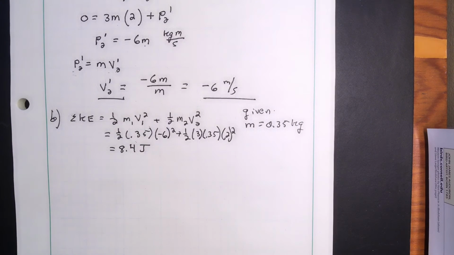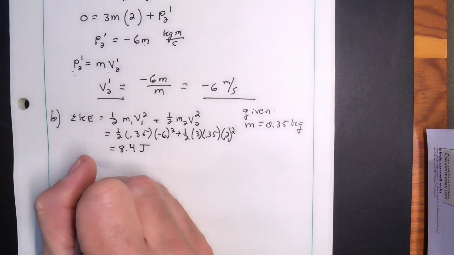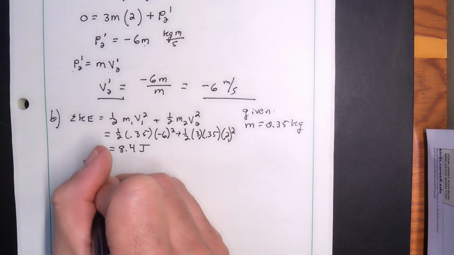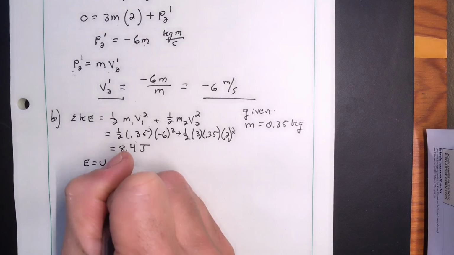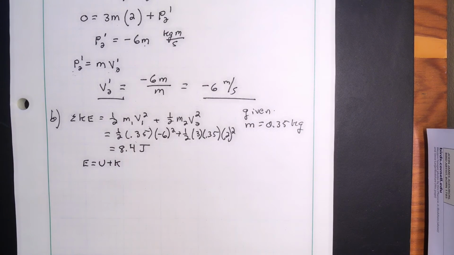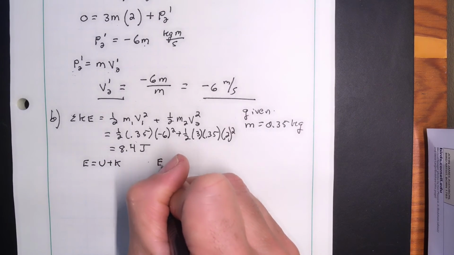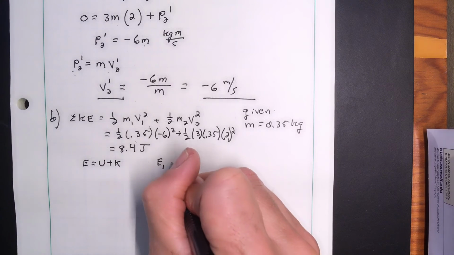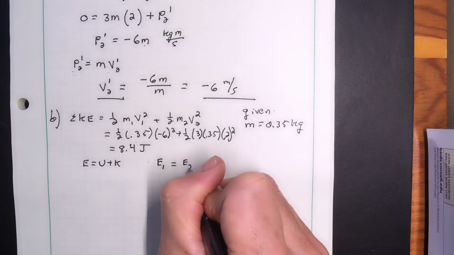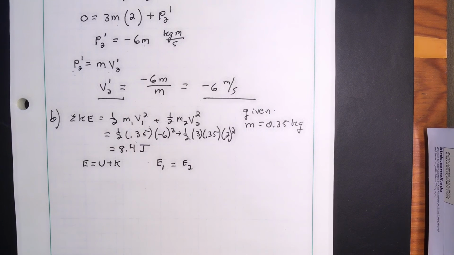Now, there's no external forces acting on this. It's just a spring. So, the total mechanical energy is potential plus kinetic, and the energy in the beginning must equal the energy at the end, because this is a conservative system.